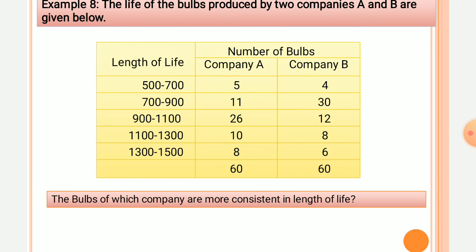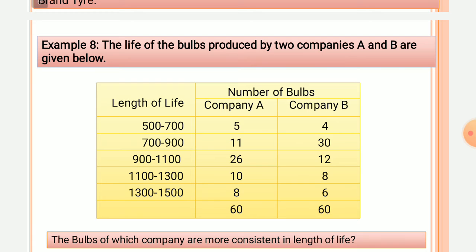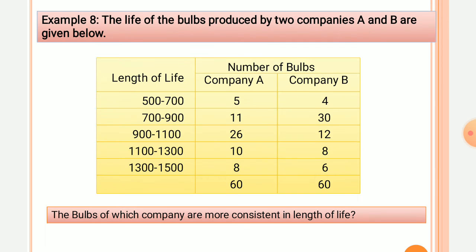To say more consistent in length of life, the coefficient of variation is to be calculated, and the company whose bulb has the lower coefficient of variation is known as more consistent in the length of life.